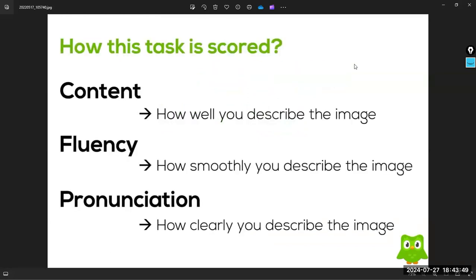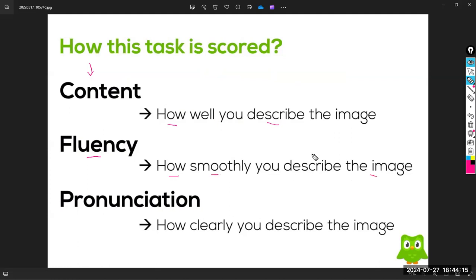Now, how is this task scored? Absolutely, you have to consider the content. The content means how well you describe the image, going into details, talking about every single detail, the surrounding, everything which exists in the image. Now, the fluency, which means how smoothly you describe the image.